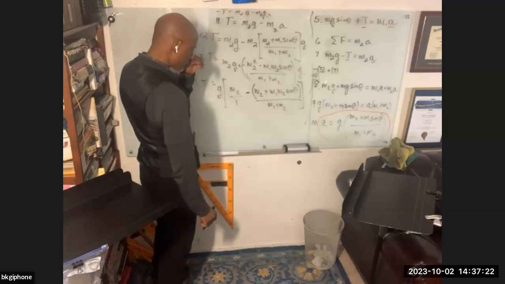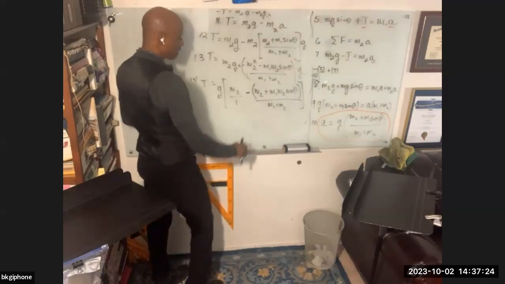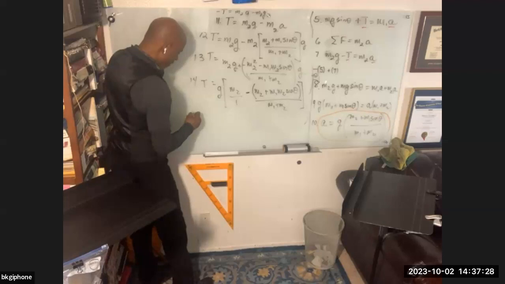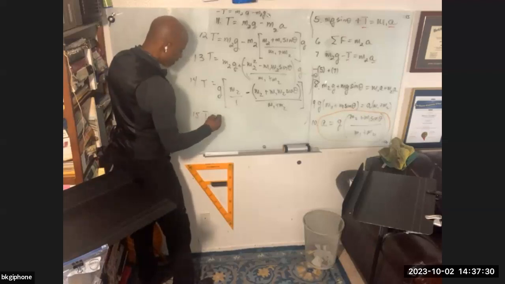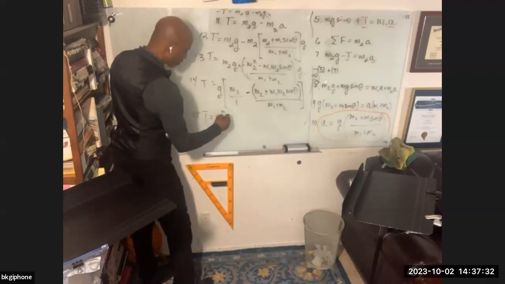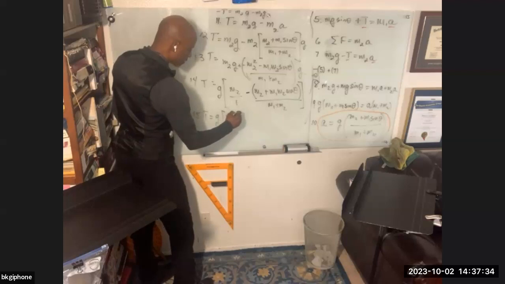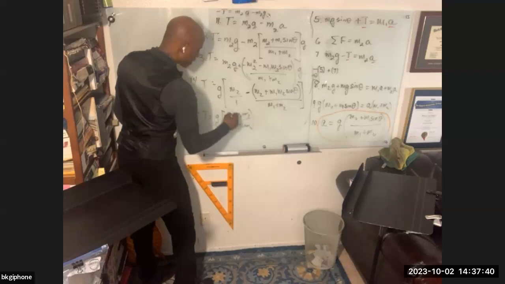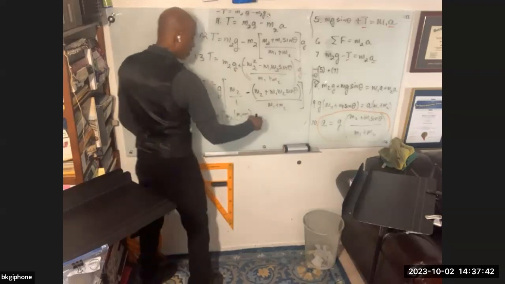So now when I find the common denominator, that other step that I skipped was this. G is equal to m2 over 1, and so this is m1 plus m2 over m1 plus m2 quantity, minus all this other stuff.